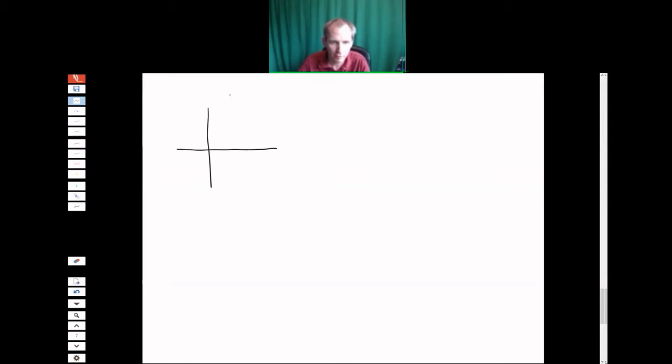I'm going to graph y equals x squared. And what we want to do is analyze the limit as x approaches 2 of x squared equals 4. So in this case, a is equal to 2, L is equal to 4.